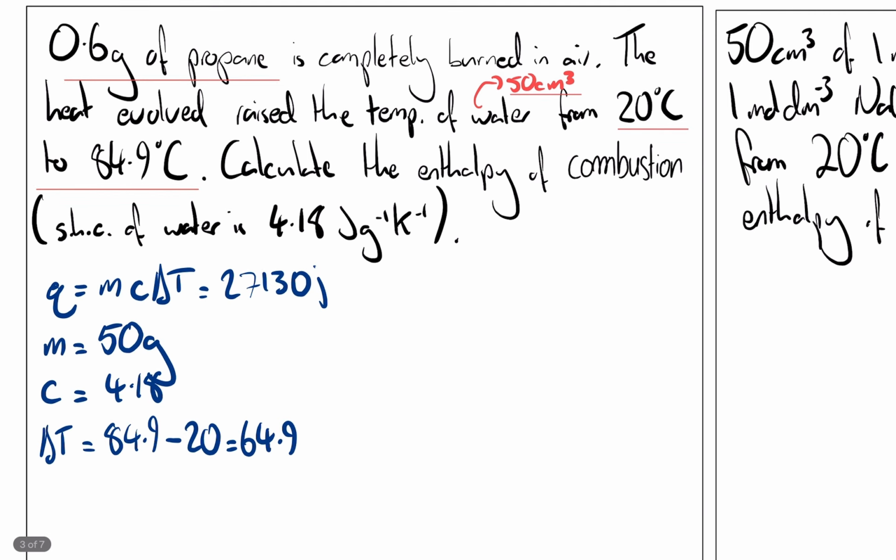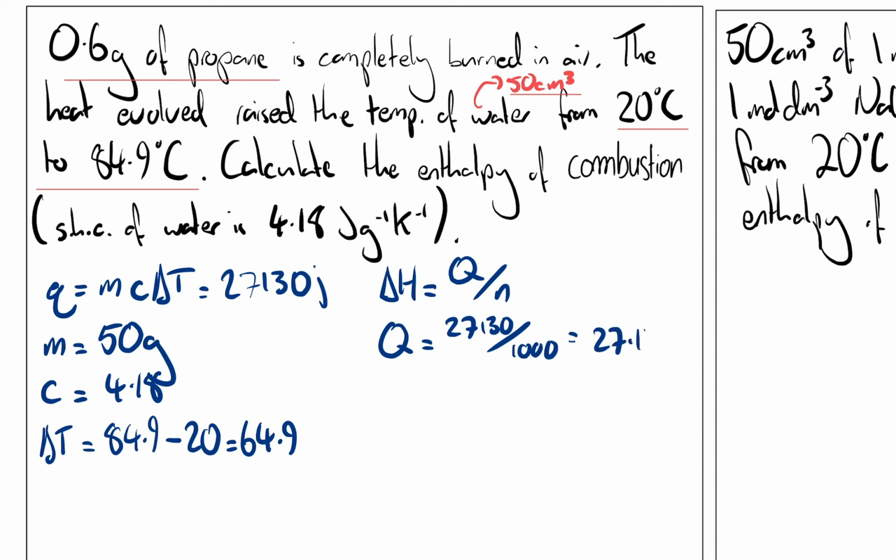So our next step, we're trying to work out our delta H. And again, that is Q over N. Q, here we need to do our change in units. We've got 27,130 divided by 1,000 gets us to 27.13.